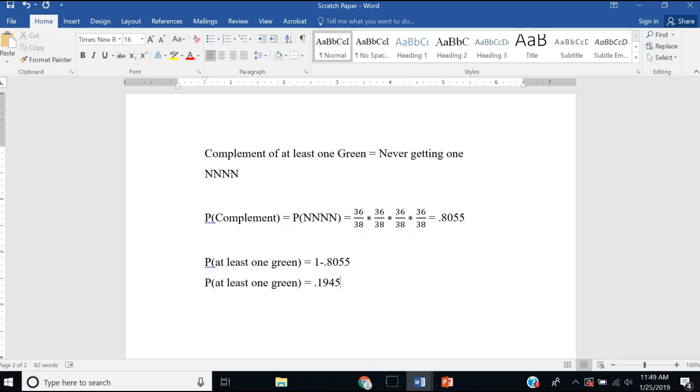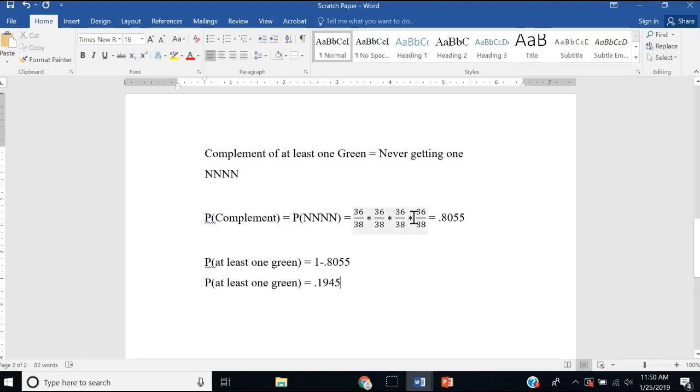And this is what I was talking about in the last chapter, where we said, well, sometimes the probability is a lot easier to calculate from the complement standpoint, and then just take 1 minus that number and find the probability of the event I was looking for.